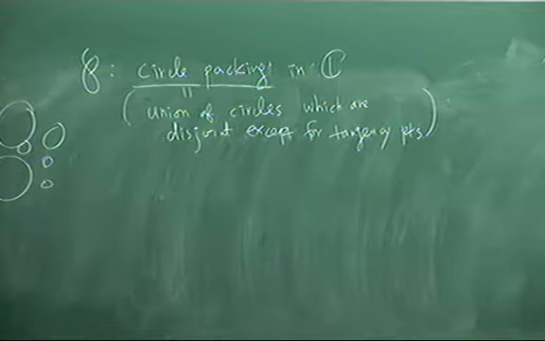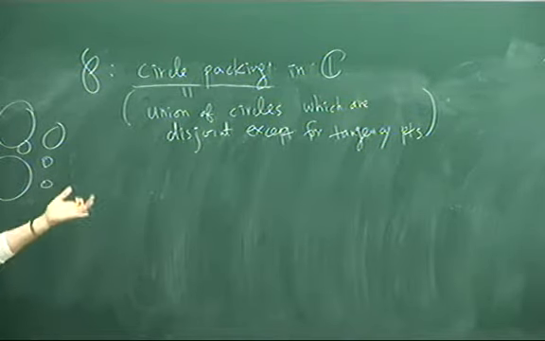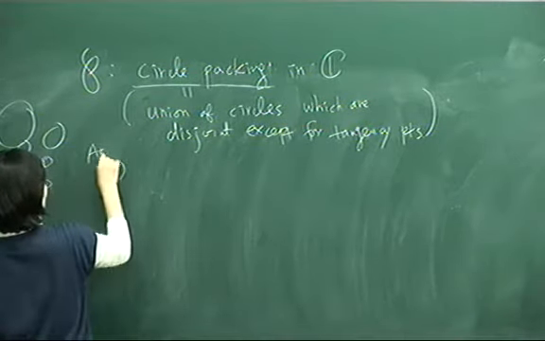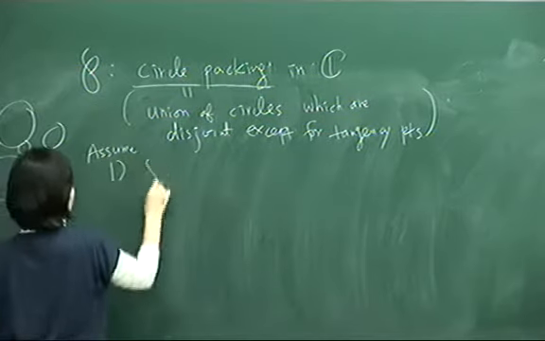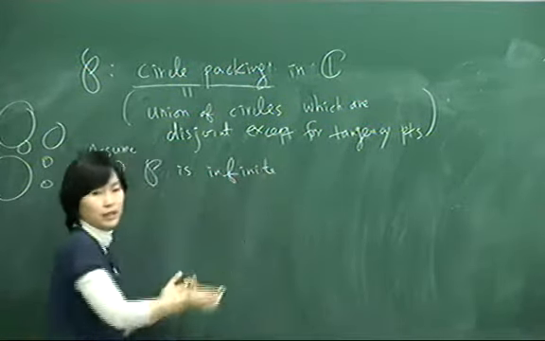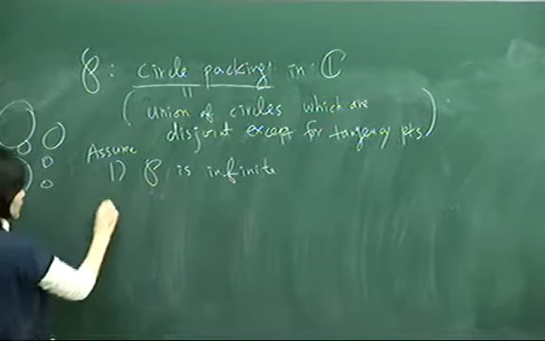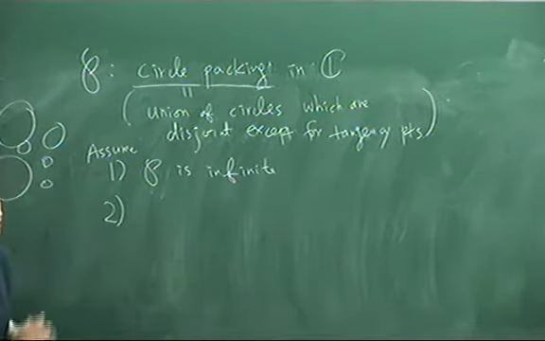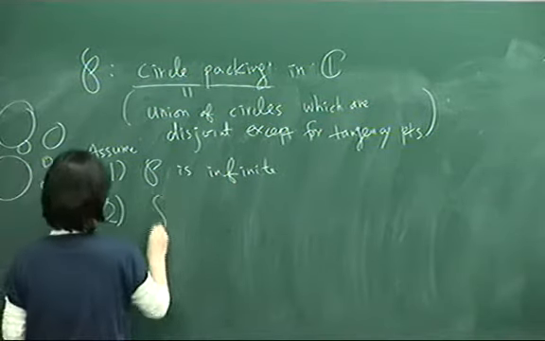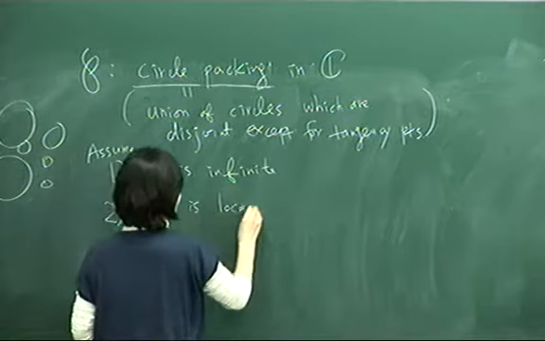Okay, so let's look at maybe a bunch of circles like this. And then we want to label the circles by curvatures, and we would like to ask if there is a similar asymptotic like this. For this, we'll assume obvious things. We'll assume this P is infinite. If there are only finitely many circles in P, then I know the asymptotic, so it's not interesting. Secondly, we want to assume the counting function makes sense, so we assume P is what's called locally finite.